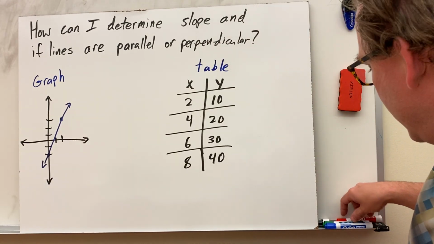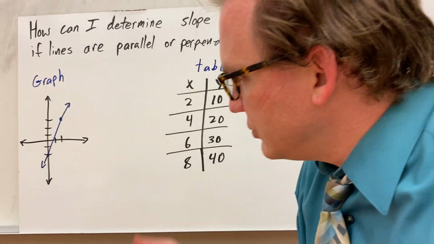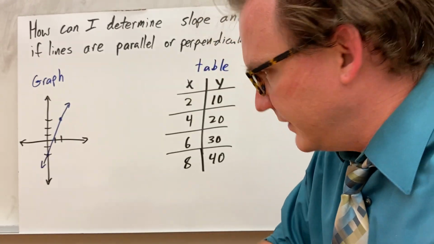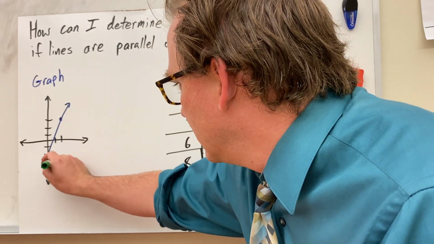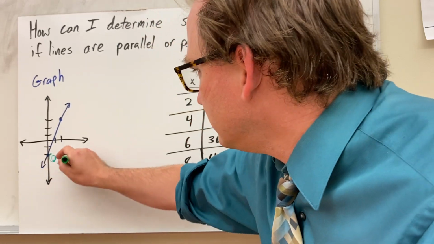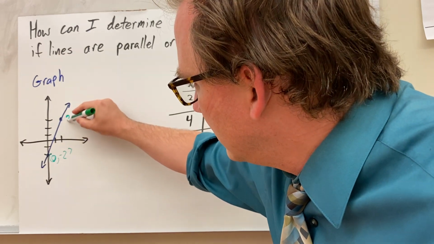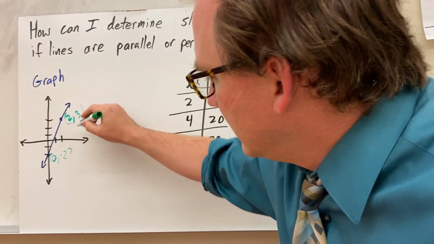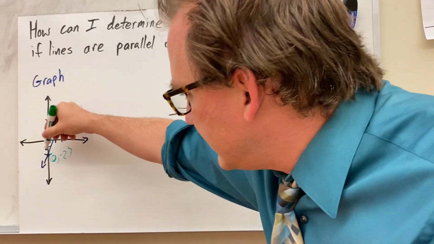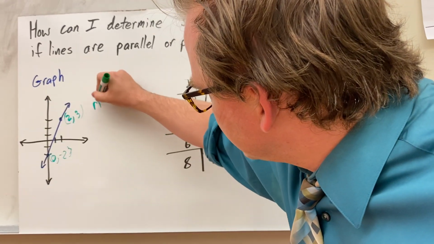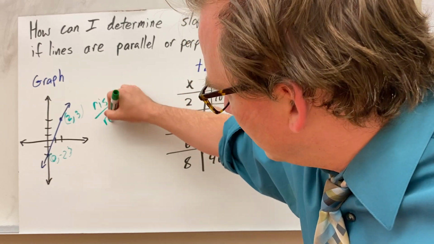So from a graph, what you do is you identify two easy points to work with. On this graph, I have this point down here, (0, -2), and this point up here, (2, 3). These are the points I would use. To figure it out, you have to use rise over run.